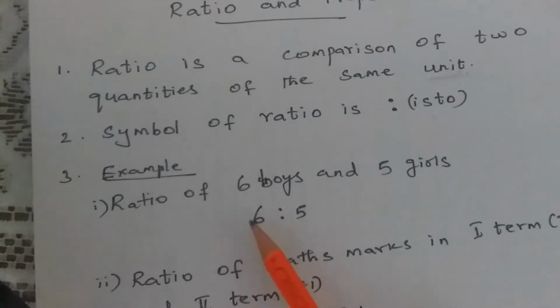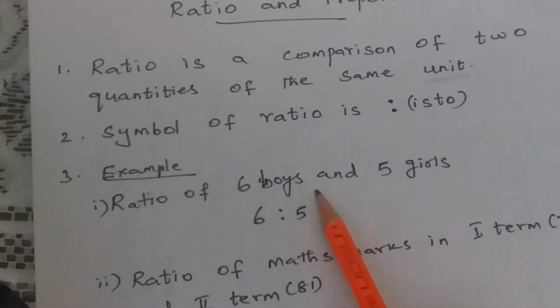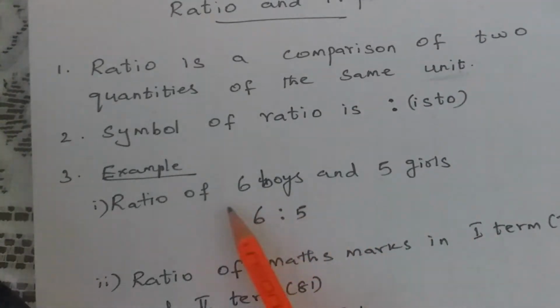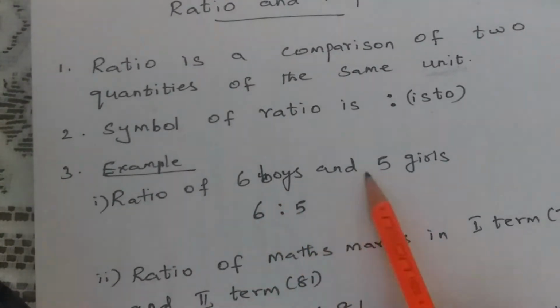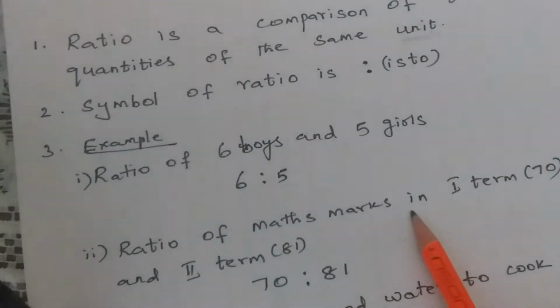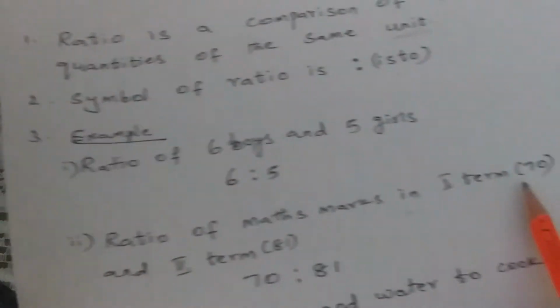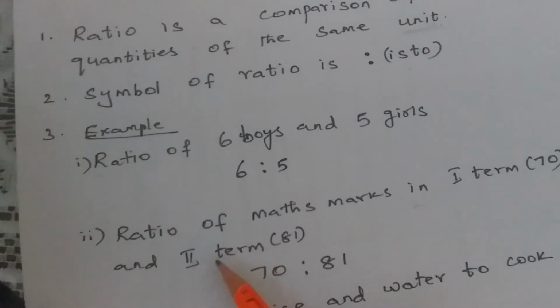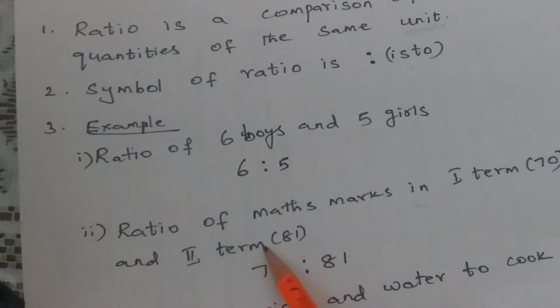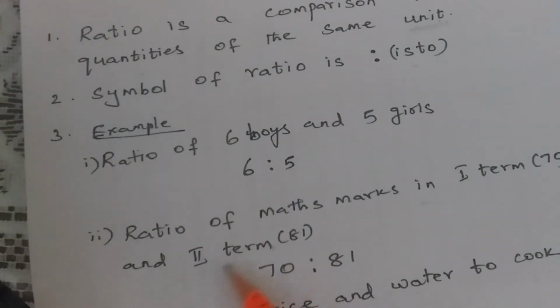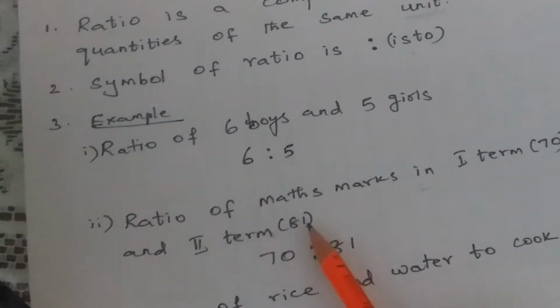See, I've given a few examples. The ratio of 6 boys and 5 girls is 6:5. Ratio of maths marks in term 1 and term 2: in the first term you got 70 marks, and in the second term you got 81 marks.